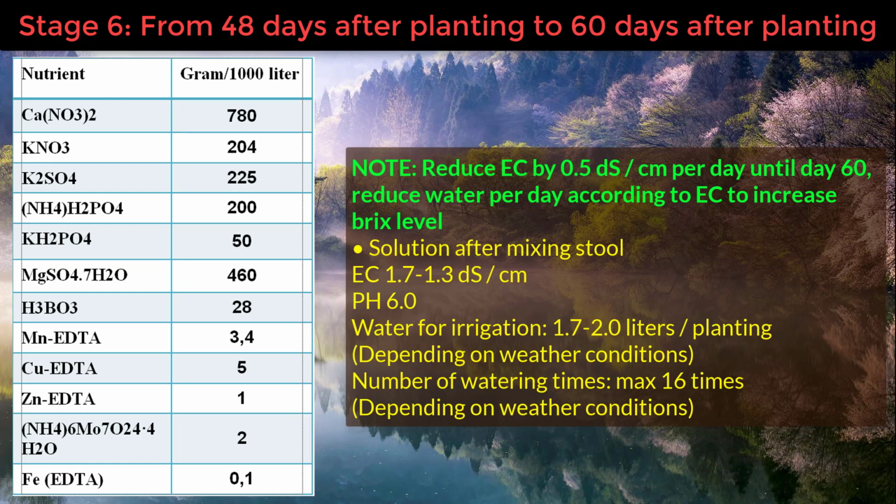Solution after mixing stool EC 1.7 to 1.3, pH 6.0, water for irrigation 1.7 to 2.0 liters per planting, depending on weather conditions. Number of watering times, max 16 times, depending on weather conditions.